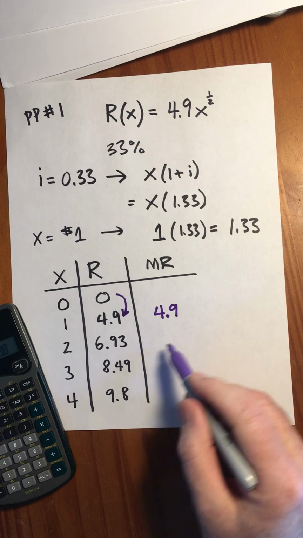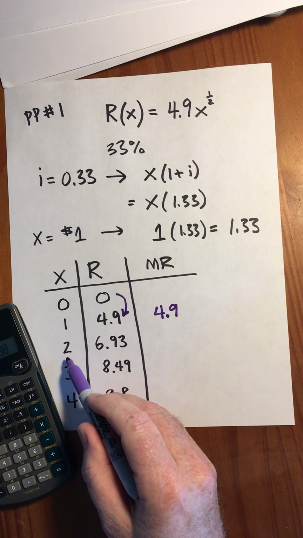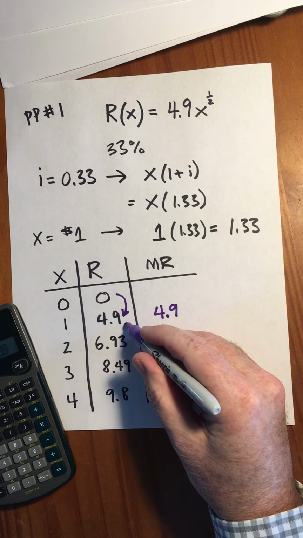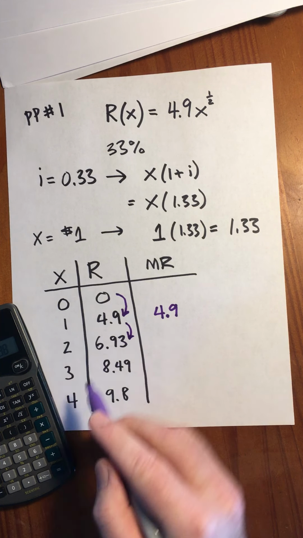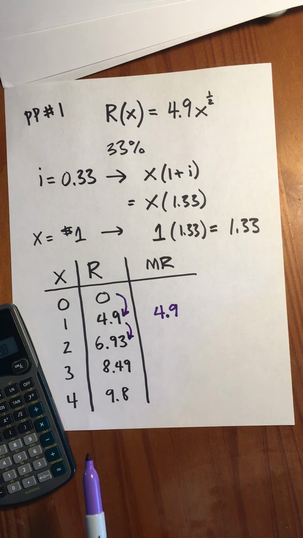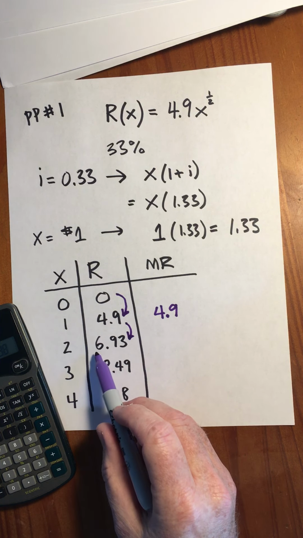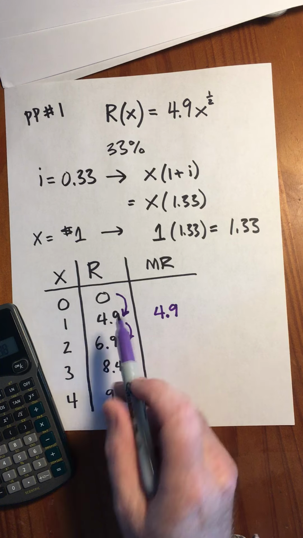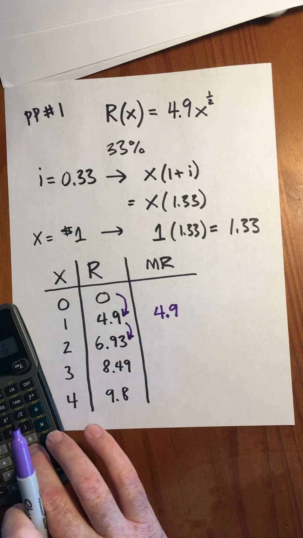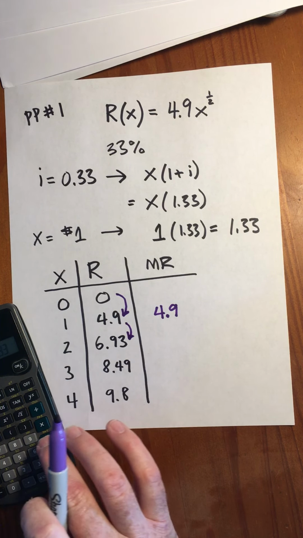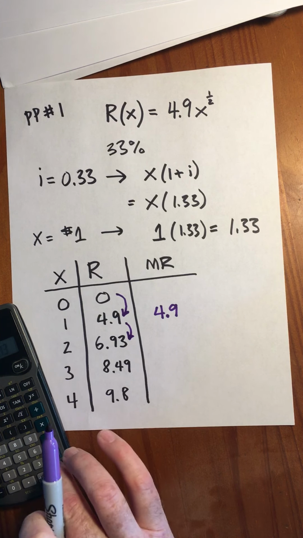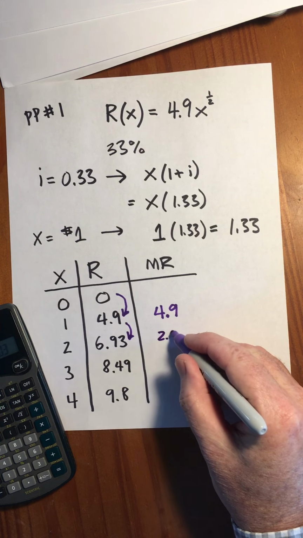All right, let's do the second one. What does the second $1 generate? Again, what sort of revenue jump do I experience if I plug a second $1 into my firm? To calculate that, I just take 6.93 and subtract 4.9, and I get 2.03.